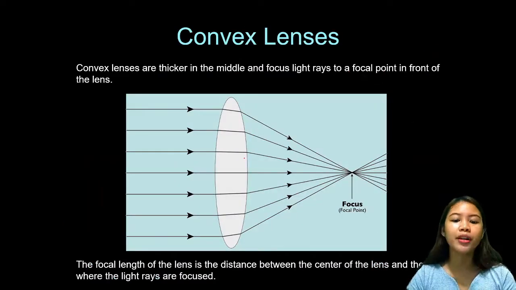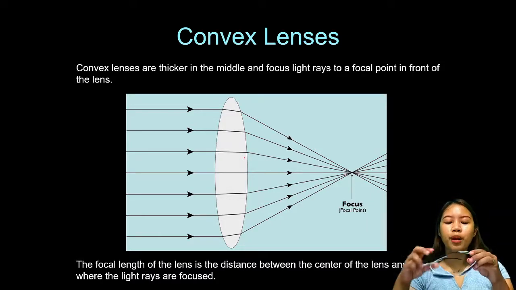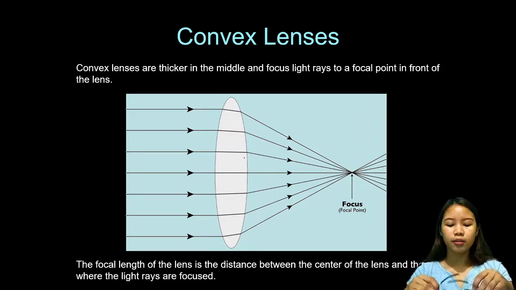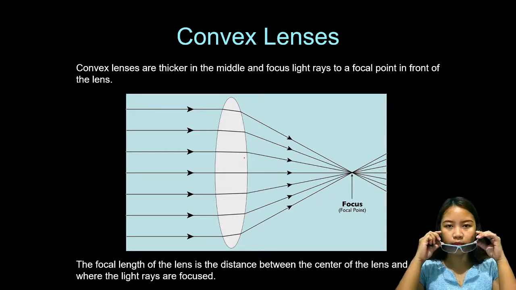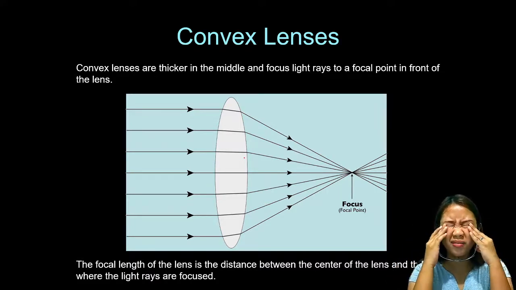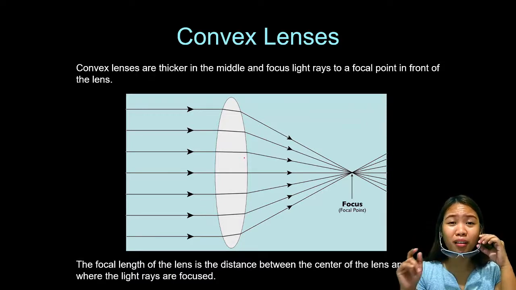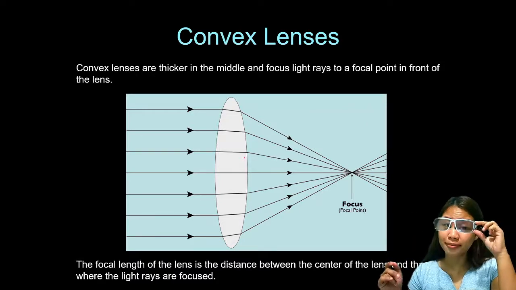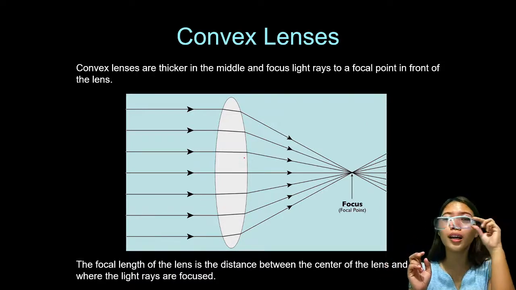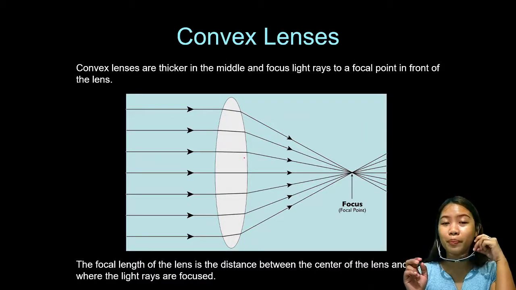Now, let us have here the convex lens. Convex lenses are thicker at the center. So, let me go back to my props. I am using here a convex lens, to magnify.